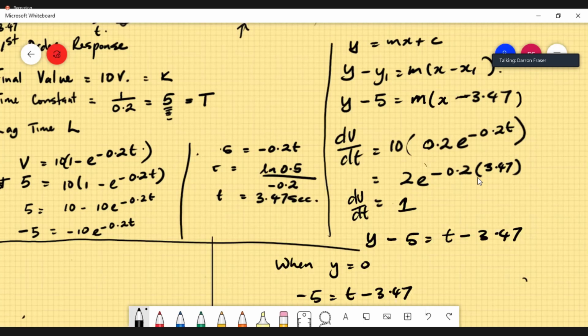You sure it is 1? Let me check it again. No, it's minus 0.2 times 3.47. Yes, sir, it's 1, or 0.9991.